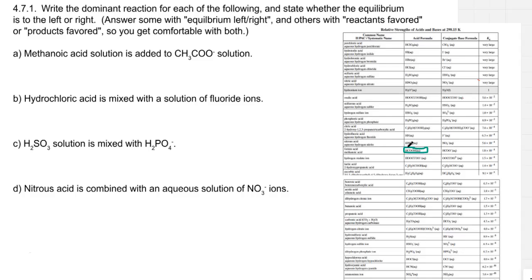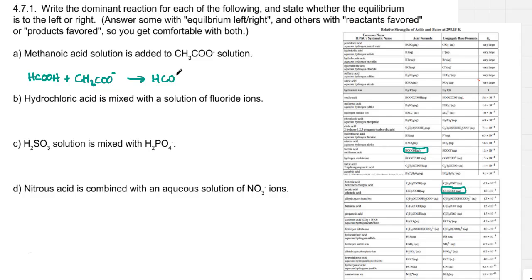And that's added to an ethanoate solution, or an acetate solution, which is right here. You can see from the direction that this reaction is going to be spontaneous. And so the reaction you would assume, which is HCOOH, that's methanoic acid, reacting with this, will go to the right, or the products will be favored.